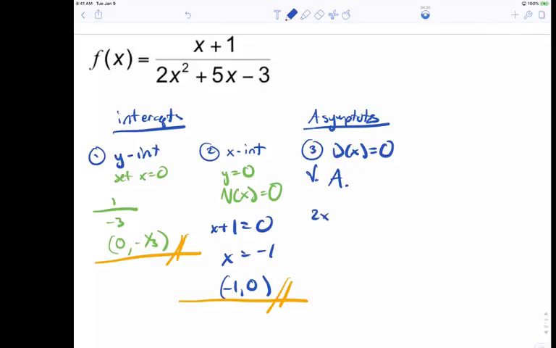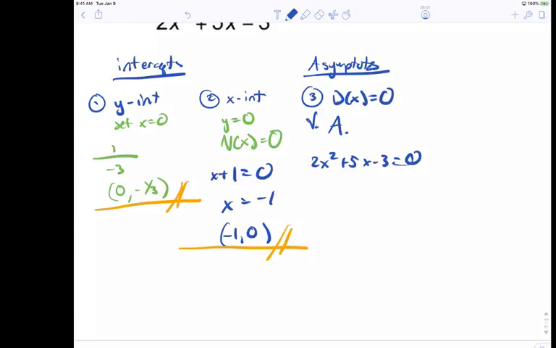2x squared plus 5x minus 3 equal to 0. We're looking for two numbers that multiply to give us negative 6 and add to give us 5. Those are 6 and negative 1, right?